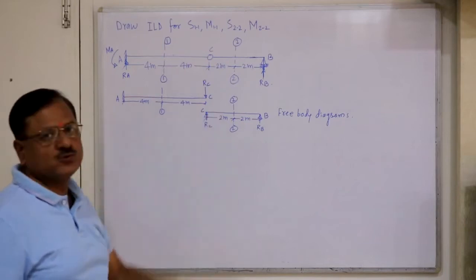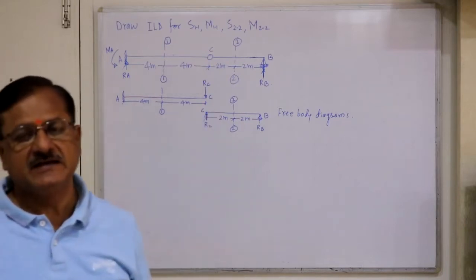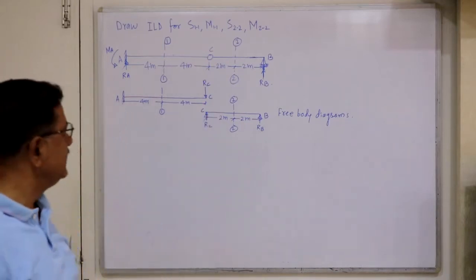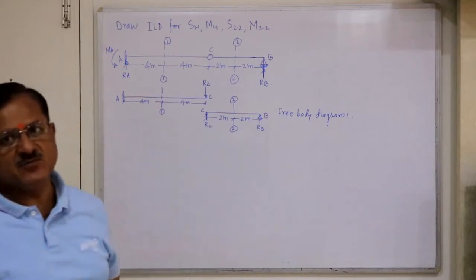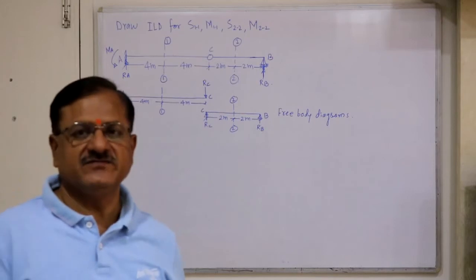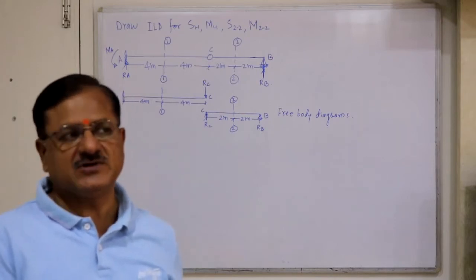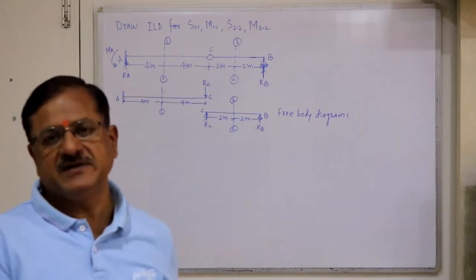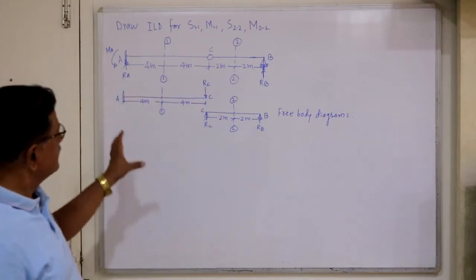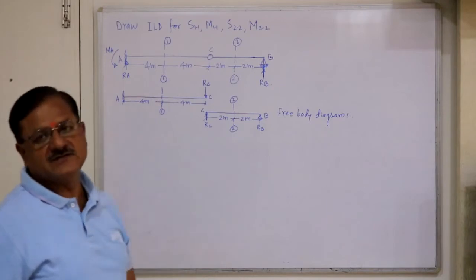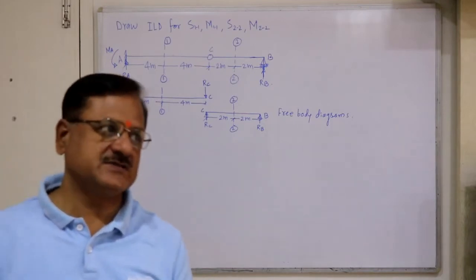So section 22 is within the simply supported portion, and you know the nature of ILDs for the shear force and bending moment for a section within simply supported and for a section within a cantilever beam. And then we have to extend this up to the end of the beam according to Muller-Breslau's principle.